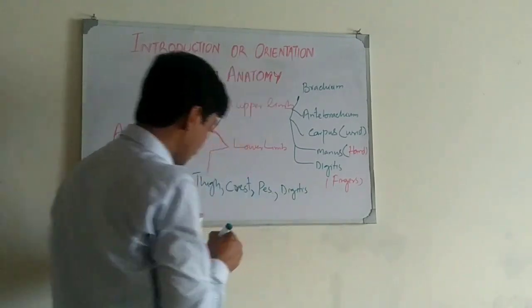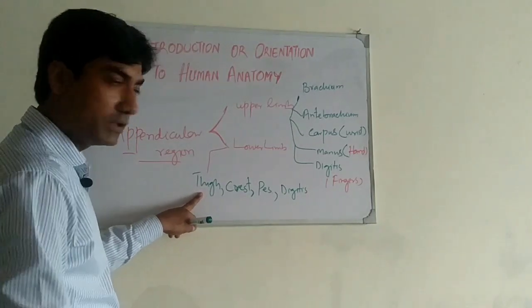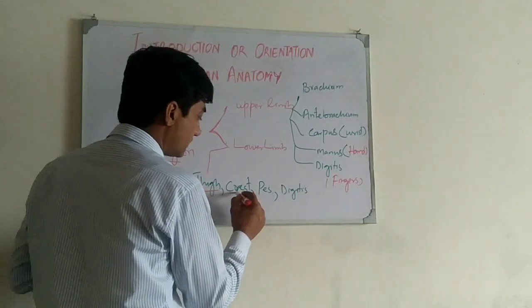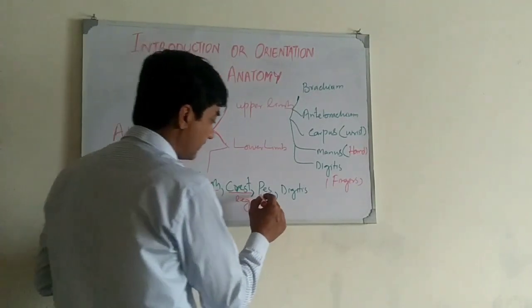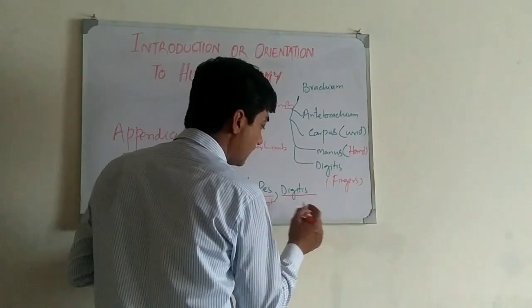So the thigh is the portion from the hip joint to the knee joint, and crus is the proper leg, and pes is the foot, and then digits are the toes.